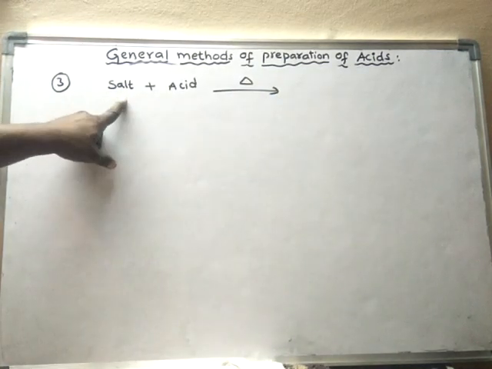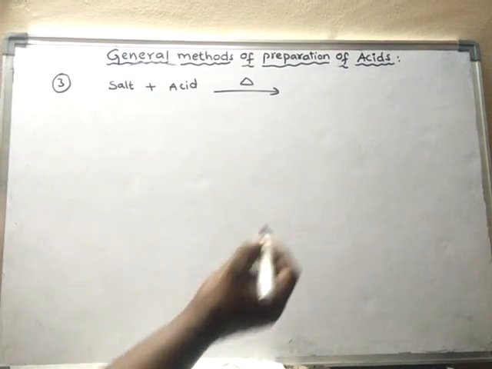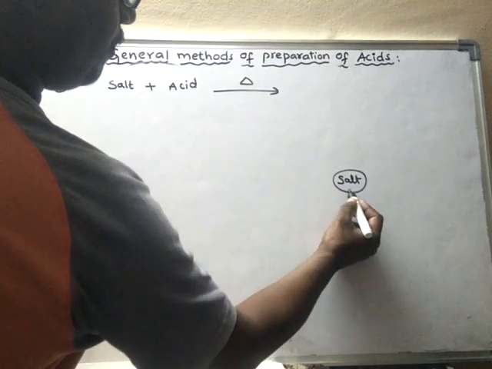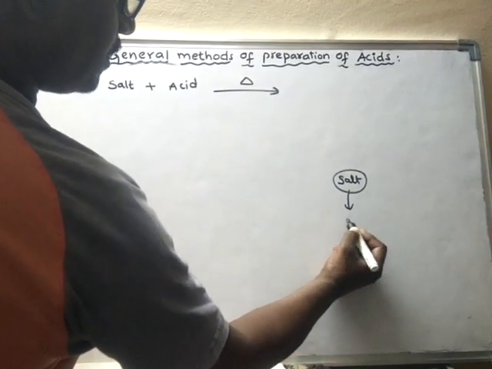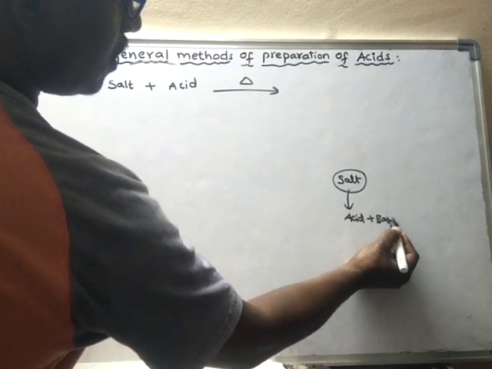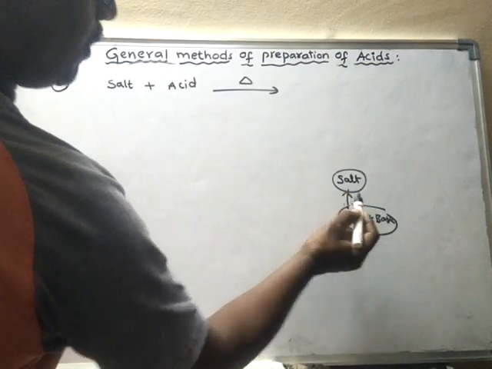If you heat salt and acid, see, generally what is salt? Salt is formed from acids. Generally when acid reacts with base, they form salt.